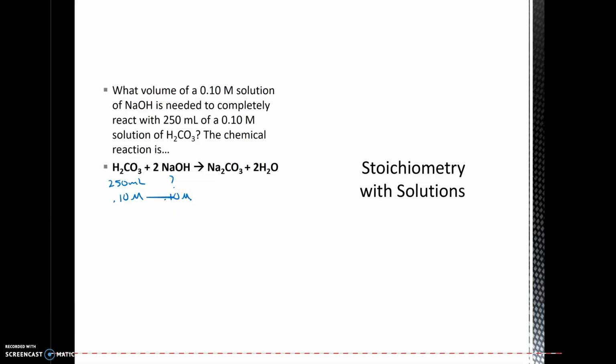So we'll start with what we know, which is that 250 milliliters, or 0.250 liters, and we'll use our concentration, which is 0.10 moles per liter. When we multiply that, we're going to get 0.0250 moles of H2CO3.